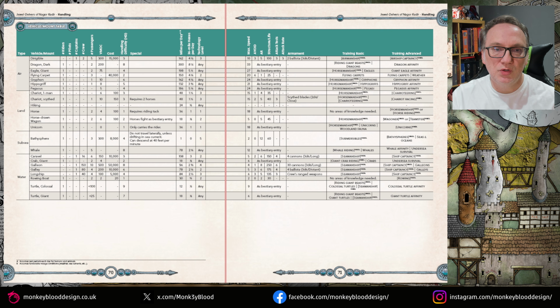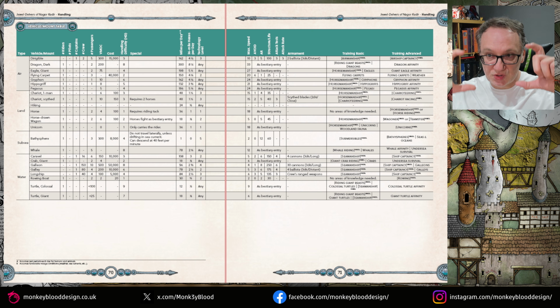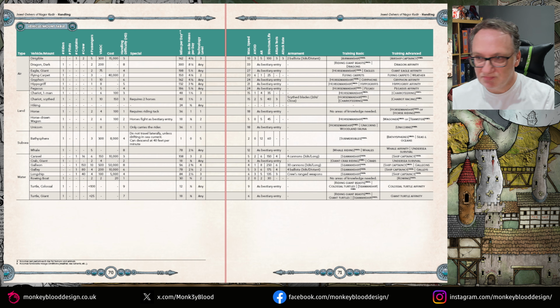So if you want to operate a horse-drawn wagon, you need the horsemanship [handling] area of knowledge. Otherwise you're considered untrained, and that's risky because that means handling tests, and if you fail you just get thrown and all manner of things.